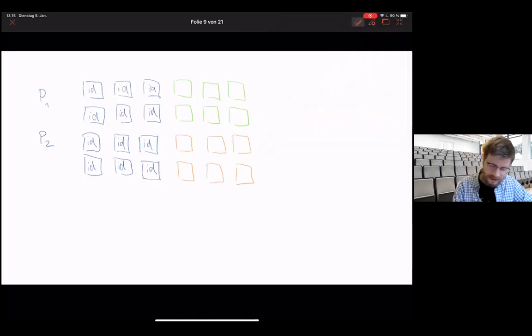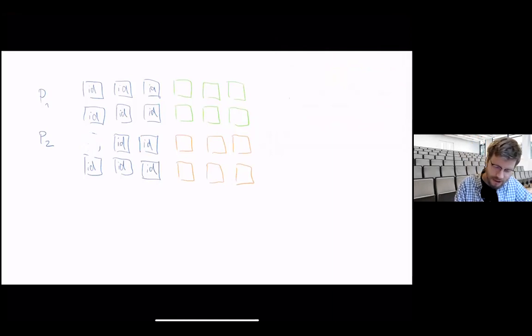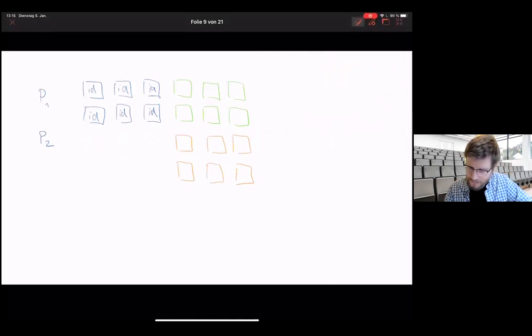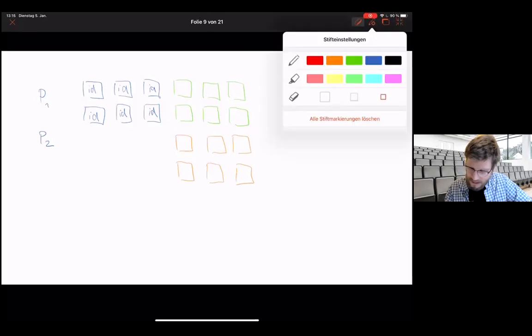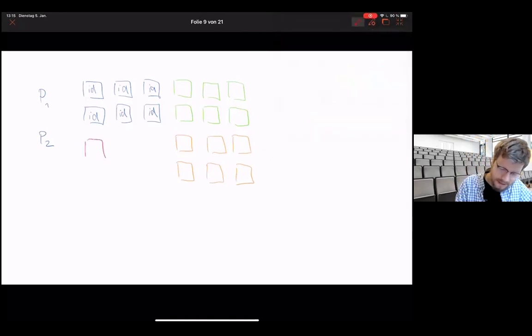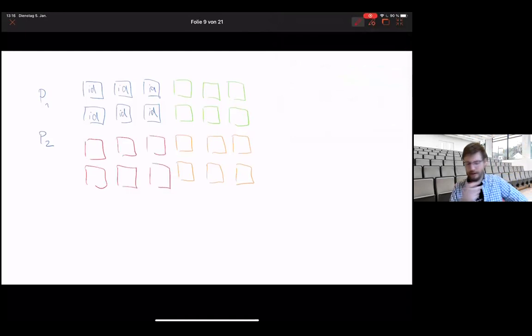Just noticing that for an actual attack, in order to distinguish this, these guys should do, let's say, something different. Let's say this guy does something else here, right? But now let's assume they're still functionally equivalent.